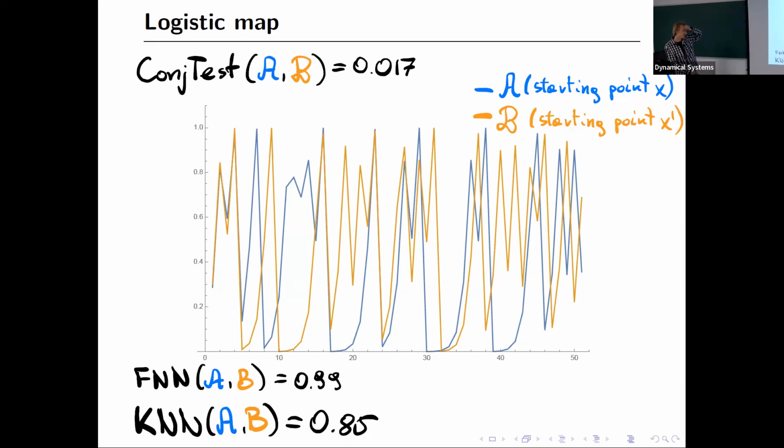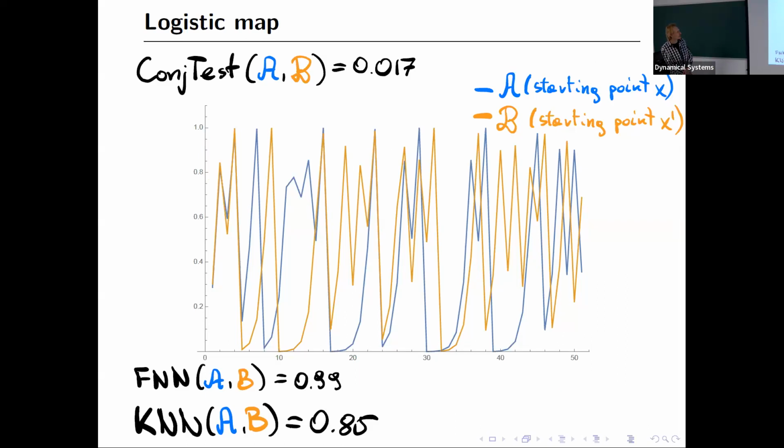This is definitely a disadvantage of this conjugacy test, that we require this H to be given, and we are aware that this is very naive, but I will get to it in a moment. For now, we are assuming that we always use the identity as H, because for this example it makes sense, because this is just the same system.